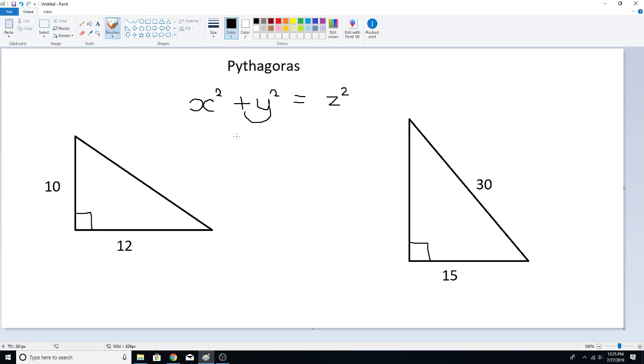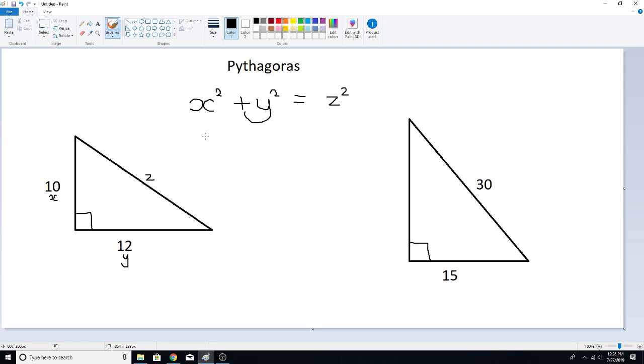So let's try to work out this line then, the hypotenuse. We know x is 10, y is 12, or either way, and the hypotenuse is going to be z.